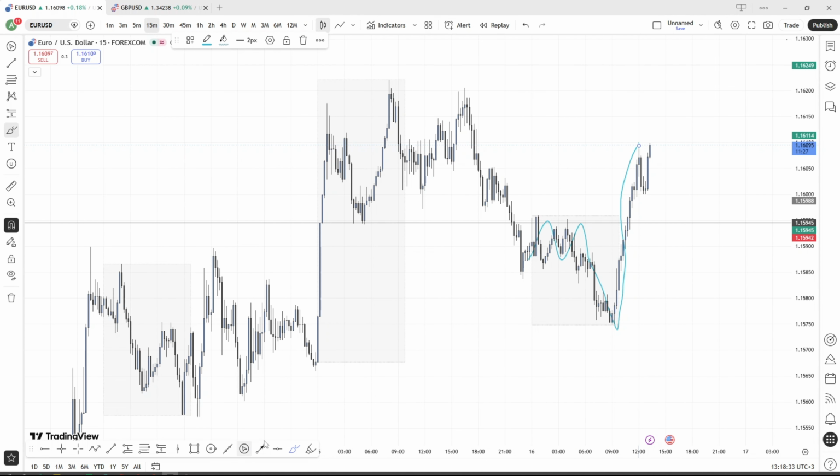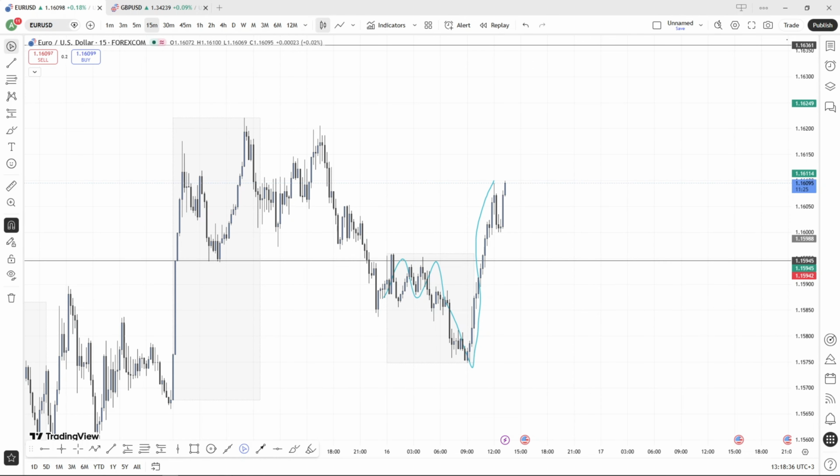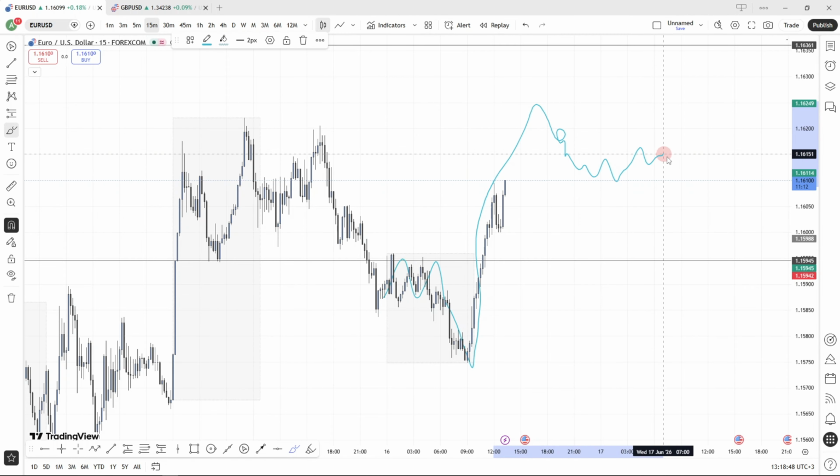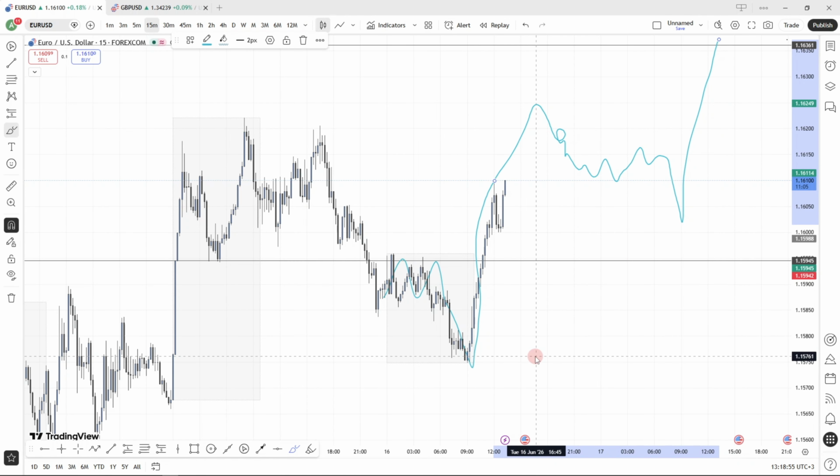So tomorrow, which is on a Wednesday, we are anticipating that once price rallies towards these highs, perhaps we will have an exhaustion during the New York for Asian open, and then manipulate, and then have a distribution.